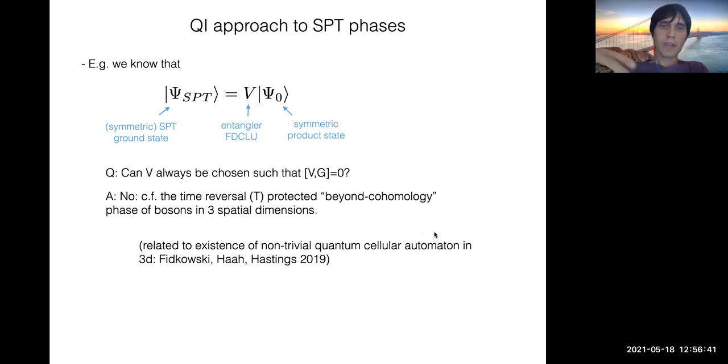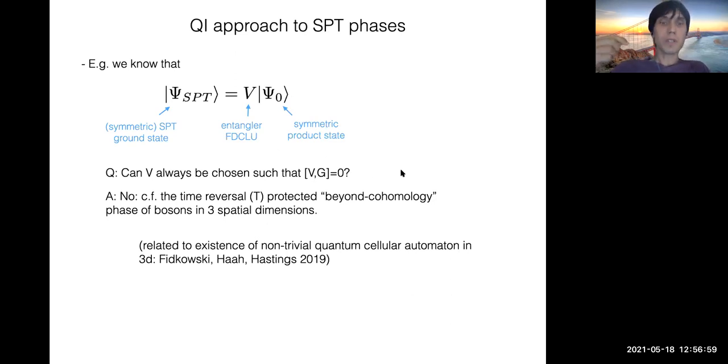Then there's a game that we can play, which is to try to classify SPT phases based on the properties of this circuit B. Here I call this the Entangler Circuit because it entangles the qubits in this symmetric product state to make the SPT ground state.